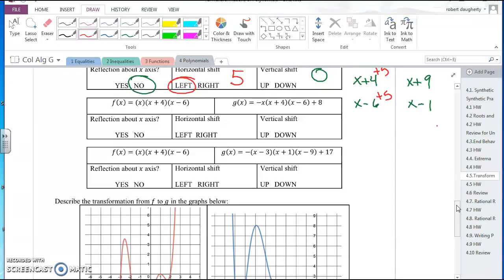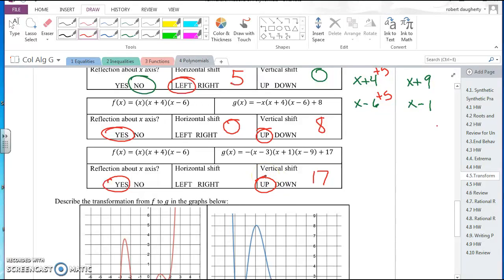If I look at this immediately, I know there was a reflection about the x-axis. I know that it went up by 8, and I just have to determine the horizontal shift. So it looks like x plus 4, x minus 6, those all stayed the same. There is no horizontal shift in that case. And then the next one, there is a reflection, and it went up by 17.